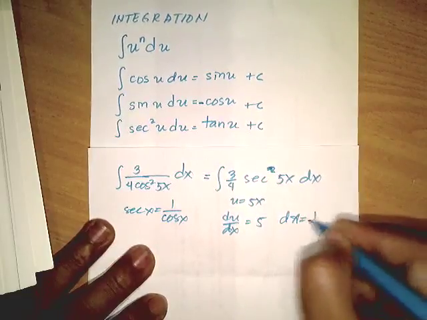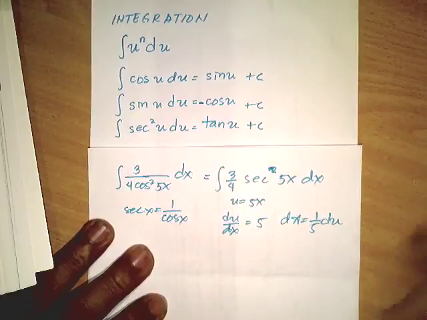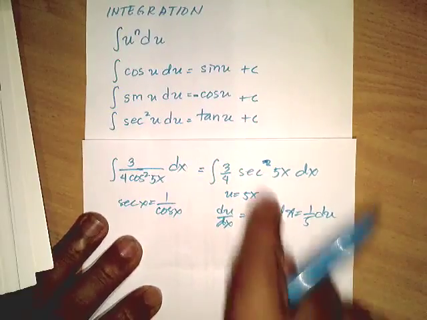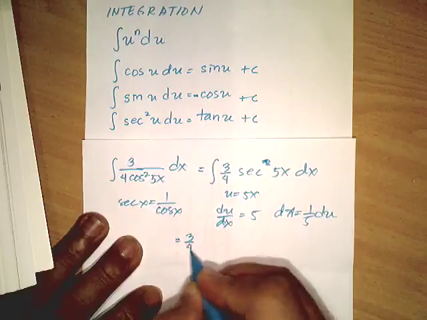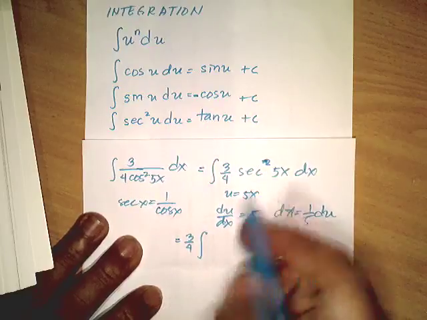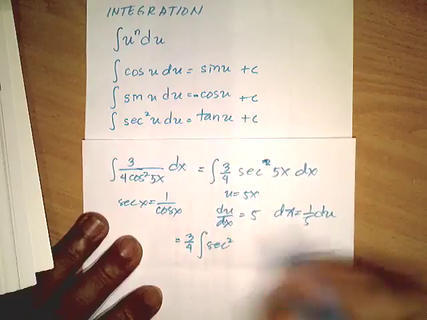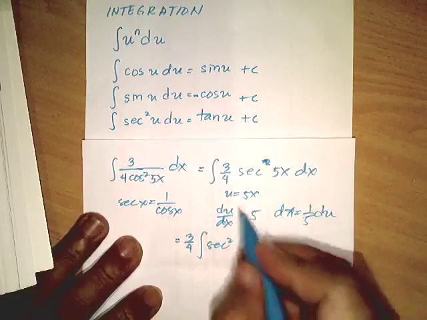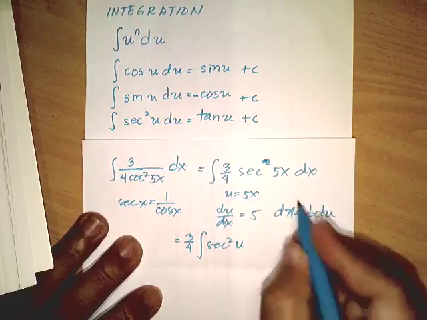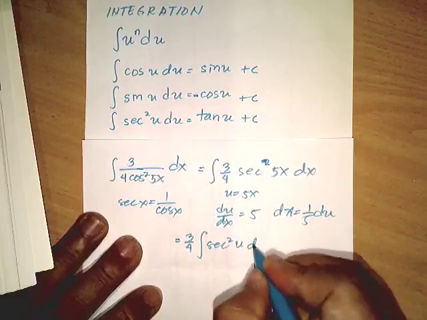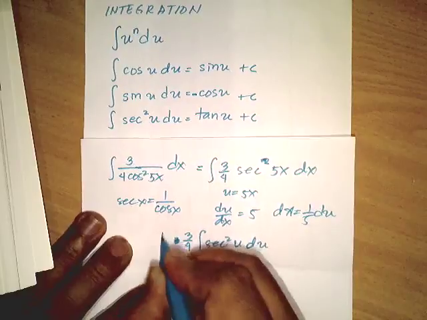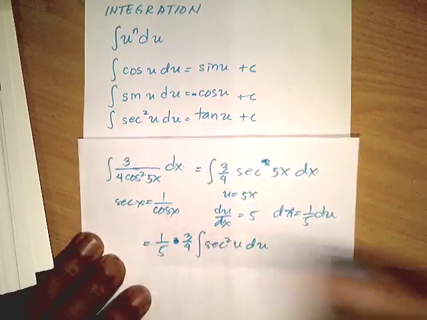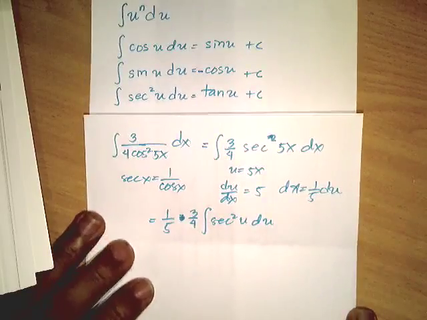So this question will be equal now to, I'll put the 3/4 outside, secant squared 5x, that is your u, and your dx is 1/5 du. Then I'll multiply here by 1/5.